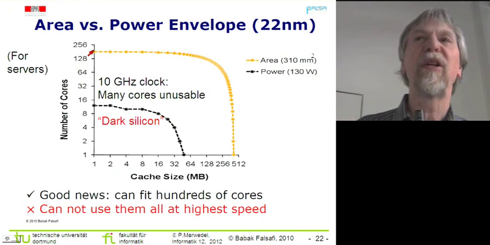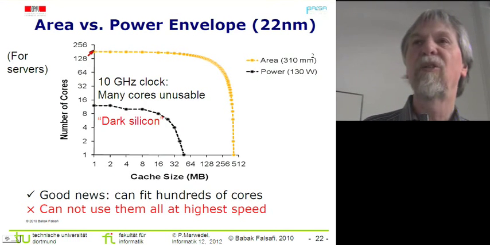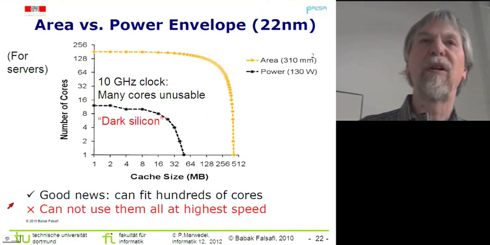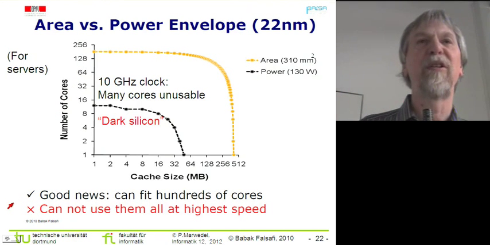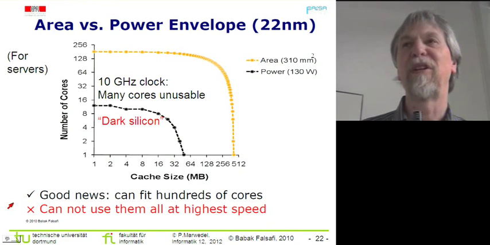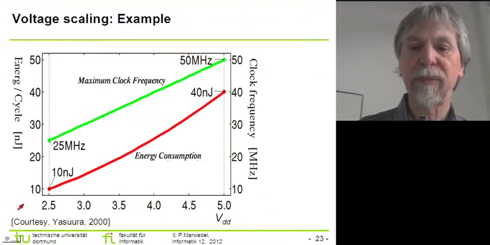So that means only about 5% of the cores on such a chip could be powered on at the same time because we are power constrained. And that is really what we call dark silicon. It means that 95% of the silicon are not powered and only 5% of the silicon are powered. That's what we call black silicon.